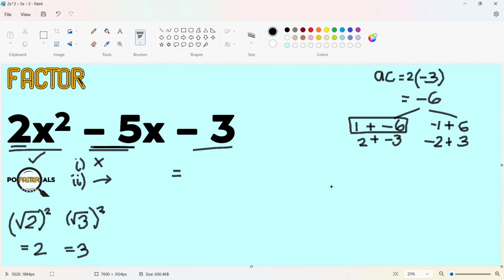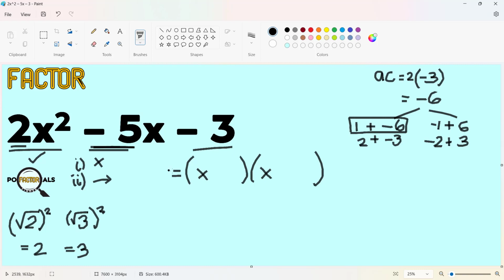By the way, there are a lot of processes that will be included here, but I'm just going to give you a version of mine. Usually, we will just try to put it like this. The square root of the first term is x. Let's just try x and x. But when you multiply x times x, it will not return 2x squared.